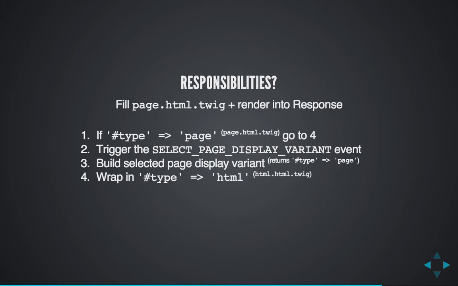But basically, we have HTML twig as a template, so that would be the equivalent of html.tpl.php in Drupal 7. And we basically say the body that we have, the type page render array, we put that inside the body of the HTML template, HTML twig, and that's it. That's our entire assembled page, so we can then Drupal render everything.